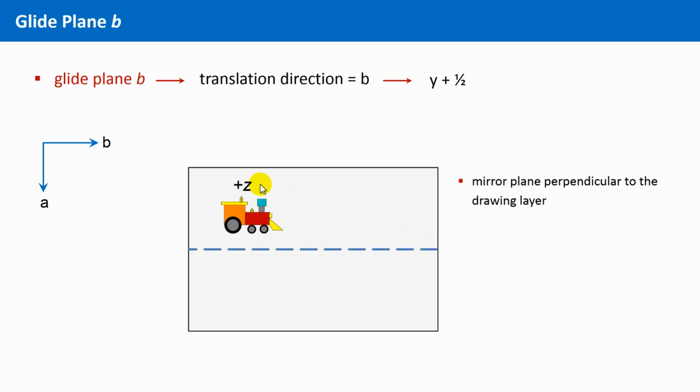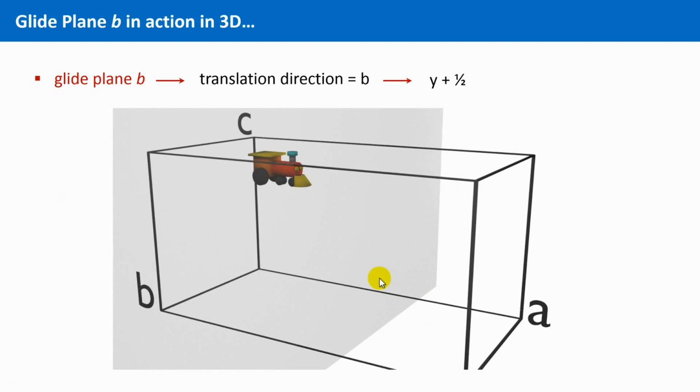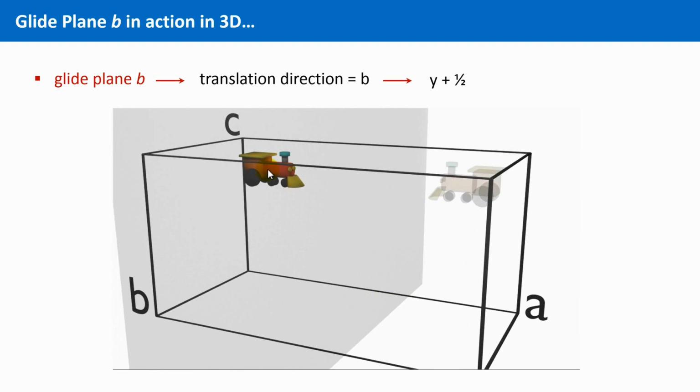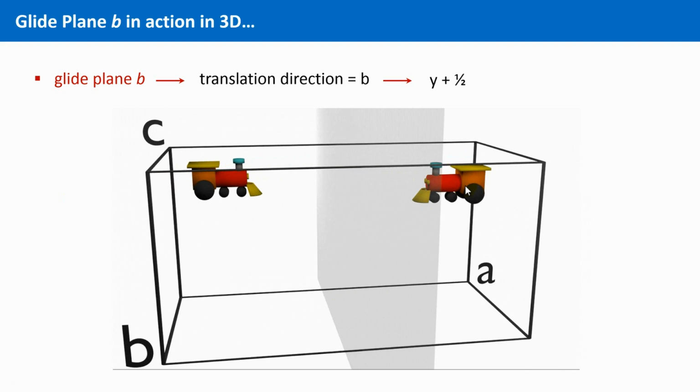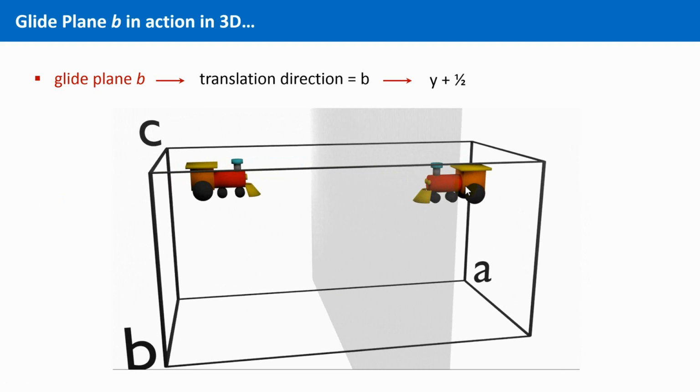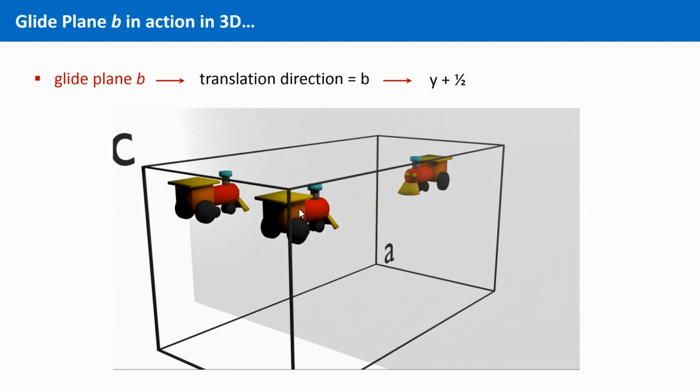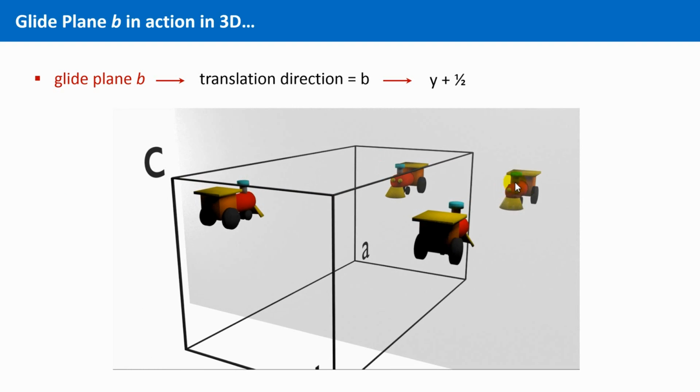Now we first have to reflect the motive at this glide plane, and then translation along the B or Y direction by 1/2 of the unit cell. Again, let's have a look how this looks in 3D. Mirroring at this plane, which is perpendicular to the AB plane, then translation along B by 1/2, mirroring again, translation, and so on.